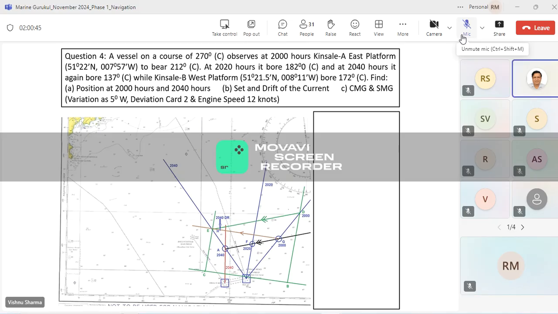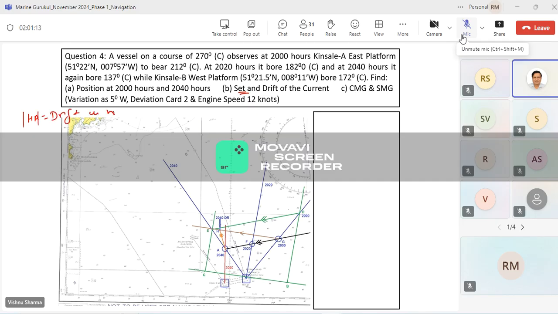Praveen, understood? Yes, sir. Now, H to A will be the current for 40 minutes. So you will measure the direction H to A on the compass rose. That will be the set of the current. And HA distance will be the drift in 40 minutes.